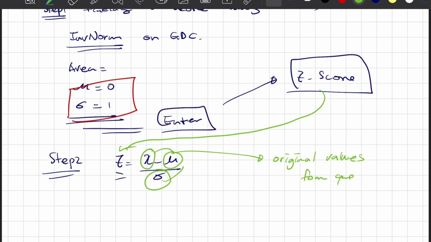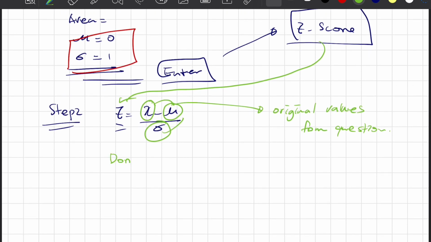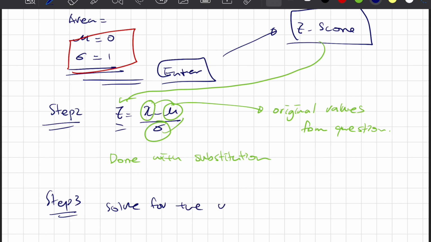Okay, and once you're done with the substitution, then you move to step 3, which is to solve for the unknown variable that you're looking for.